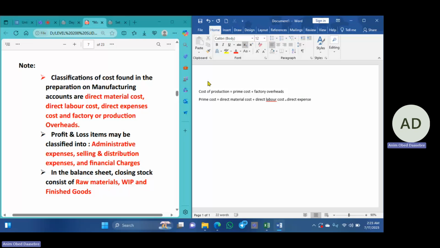Then factory overheads are all indirect costs incurred in the production stage. So there we have indirect material costs, indirect expenses, and indirect labor costs. When we sum up all these costs, they give us what we call the factory overhead.